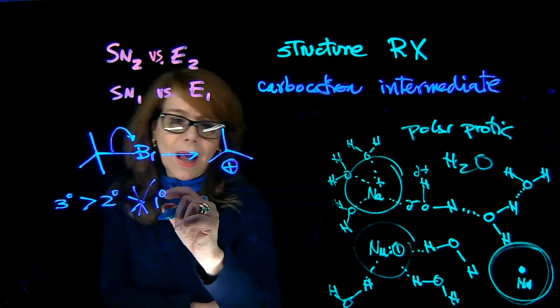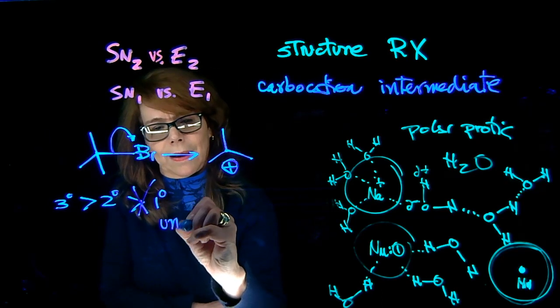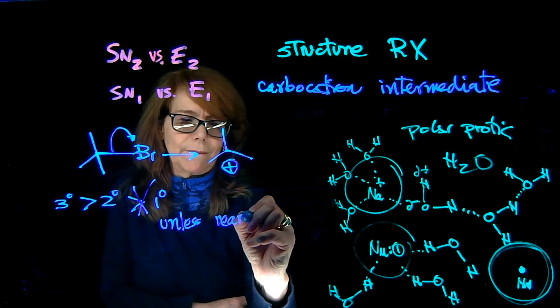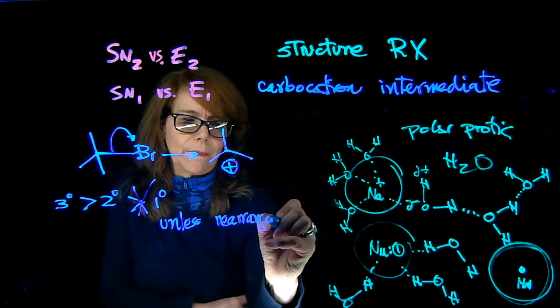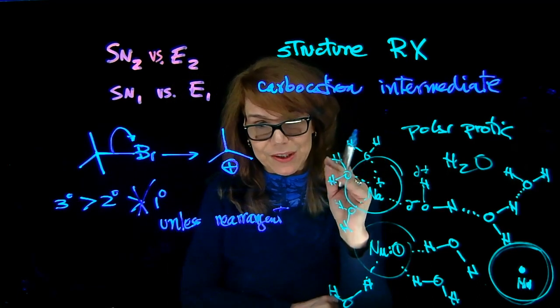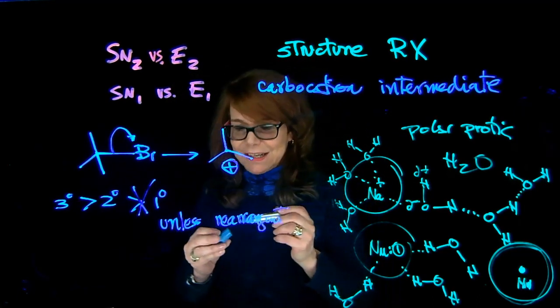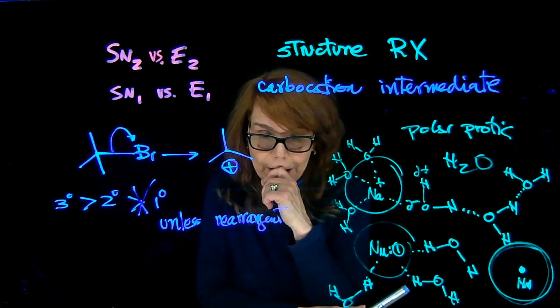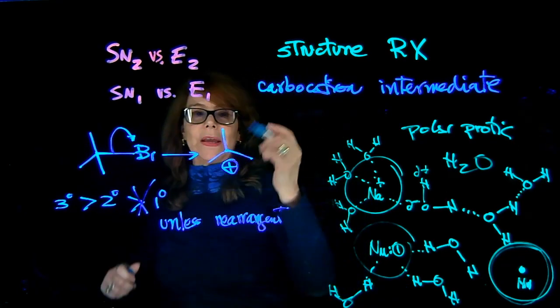Primaries do not react, unless we can have rearrangement. And we have videos on carbocation rearrangement if you need to review this. So now, the point is, why do we use polar protic solvents in the case of SN1 and E1?